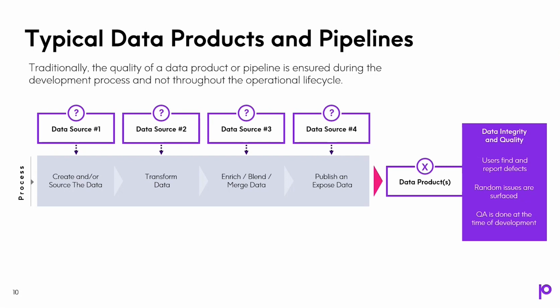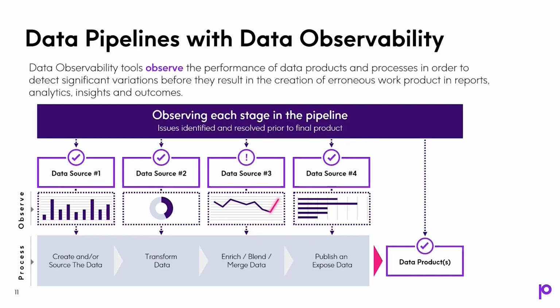For a data pipeline, it means a stakeholder is finding the issue and reporting it to the creator of the analytics. Again, it means having to go back to an earlier stage after the production is thought to have been completed. Contrast that process with what it looks like when you add data observability. Data observability enables the user to visualize the data process and see deviations from the typical patterns.